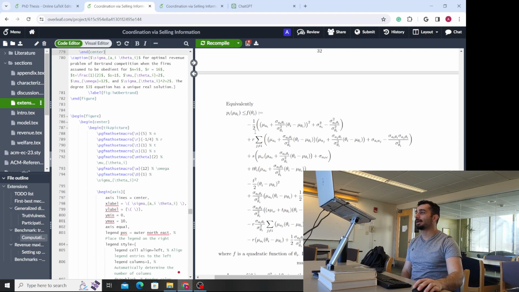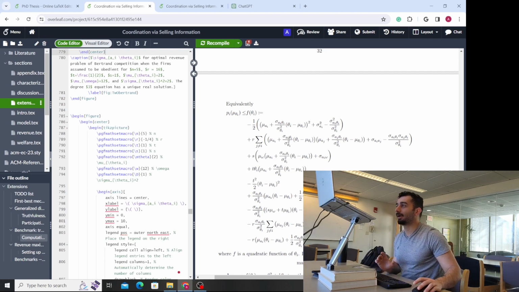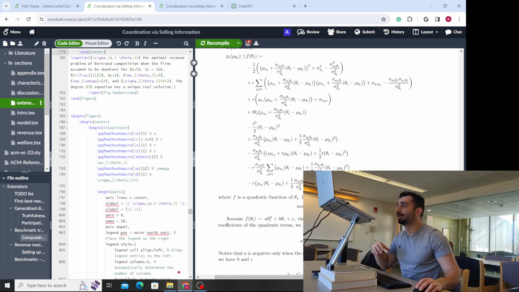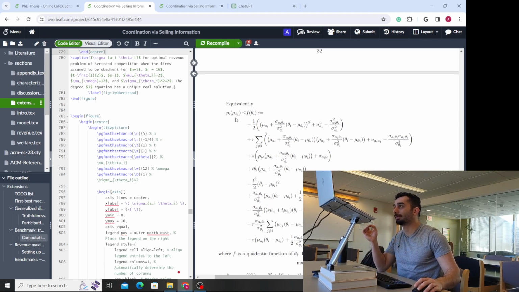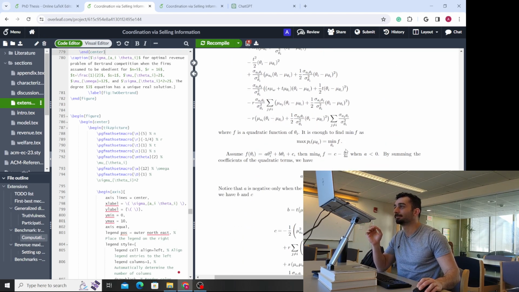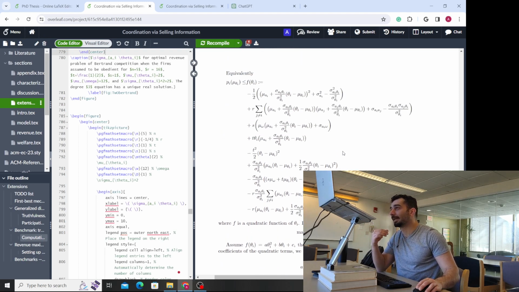So at the end I have this inequality, which is pi mu theta I less than f theta I, a quadratic function of theta I, and I want to say the maximum of pi of mu theta I should be less than the minimum of this, right? Can I even say it's a quadratic function?